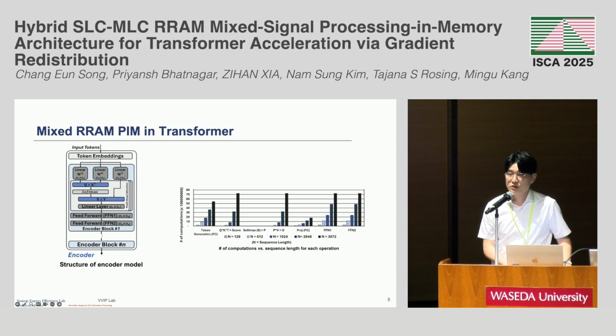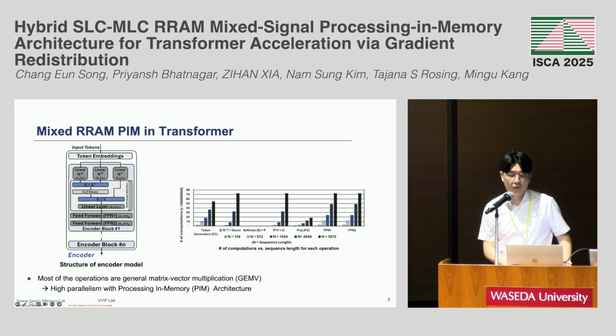So this is the structure of the encoder model. This encoder model includes many different operations like self-attention, feed-forward network, and nonlinear operations such as softmax. However, most of the operations are general matrix-vector multiplication type, which means we can use the processing-in-memory architecture for high parallelism.